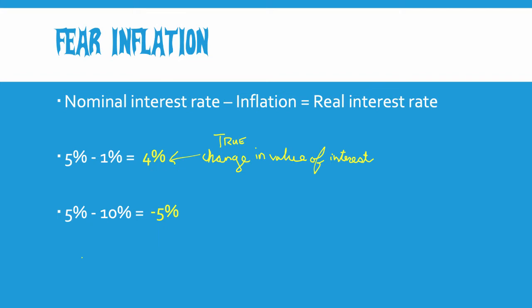Now, inflation is bad for the saver, but it's good for the borrower, because if the borrower is repaying money that's worth less than when they borrowed it, that's outstanding for the borrower. So whether inflation should be feared or not depends upon whether you're a saver or a borrower, whether you're a saver or an investor.